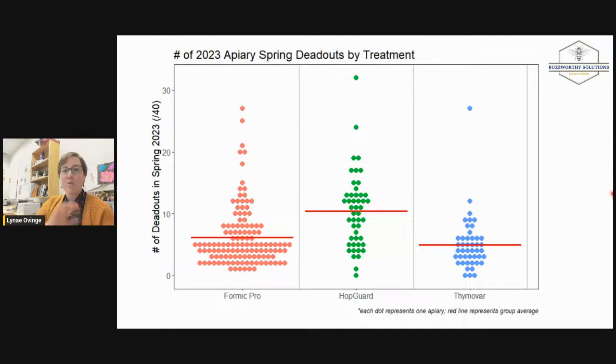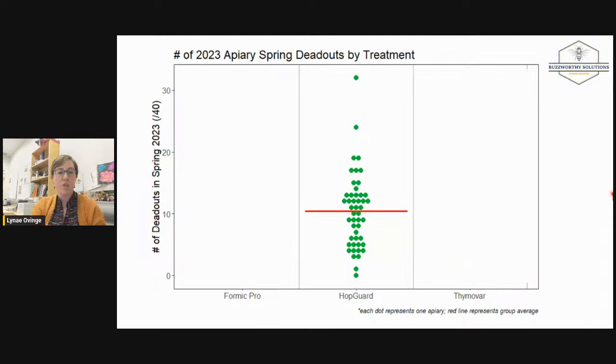Okay. And so just for my final driving home of why you should use treatment groups, I'm going to go back to my beekeeper friend who did this project. And so in this case, Formic Pro was the thing he'd used before. That's his control group. He tried out HopGuard and Thymovar. But if he hadn't done that, if he just blanket treated his operation with one thing, this is all the data he'd have.